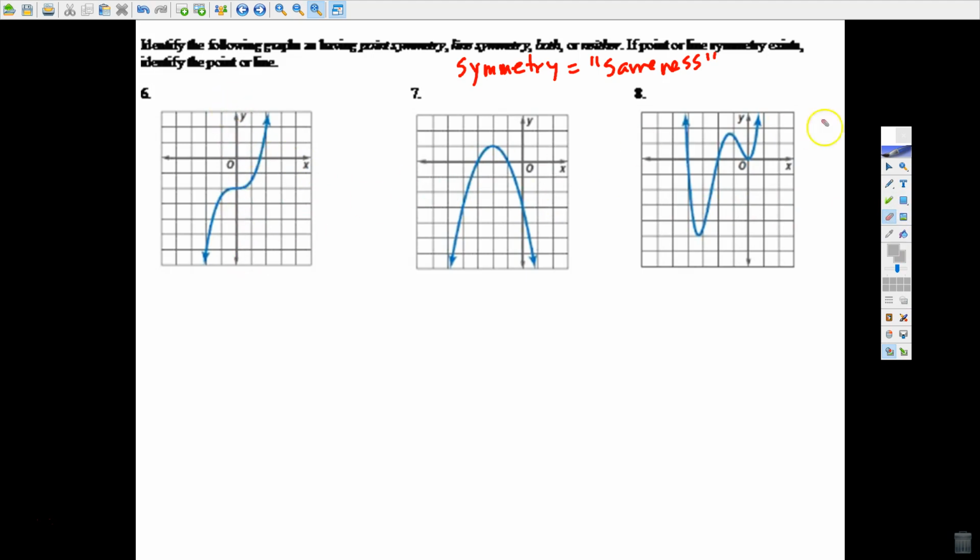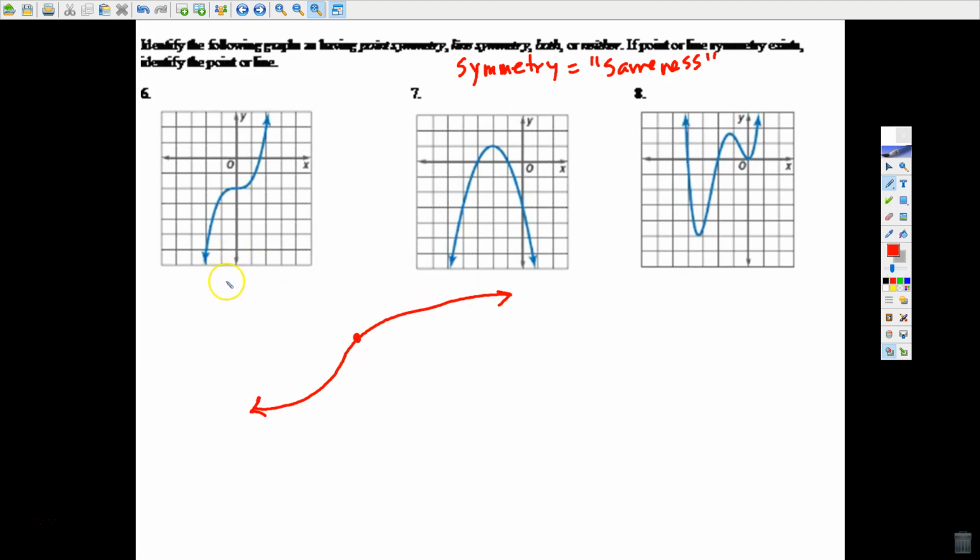Now for point symmetry, you can think of it this way. You usually can go somewhere in the middle of this graph. You can think back, we're talking about cube root functions now, and that cube root function, remember, has a turning point, so to speak, that we call an inflection point, where it's going in a certain direction and then it changes direction.